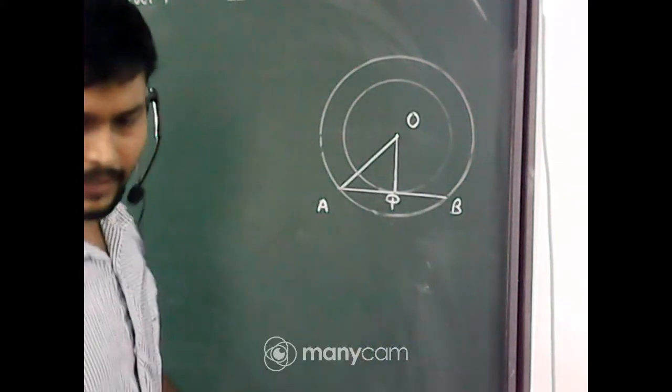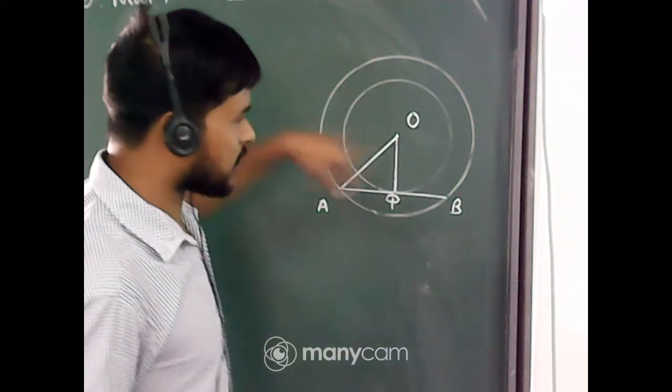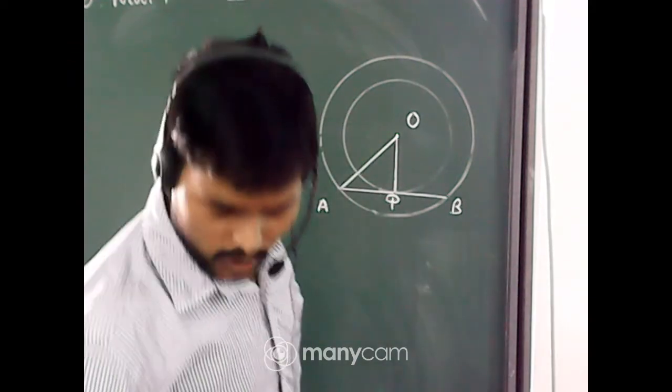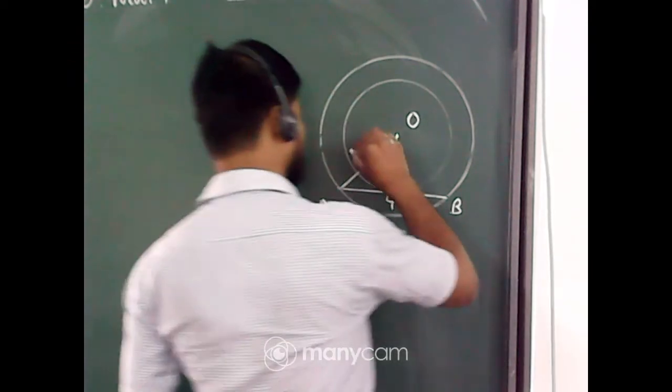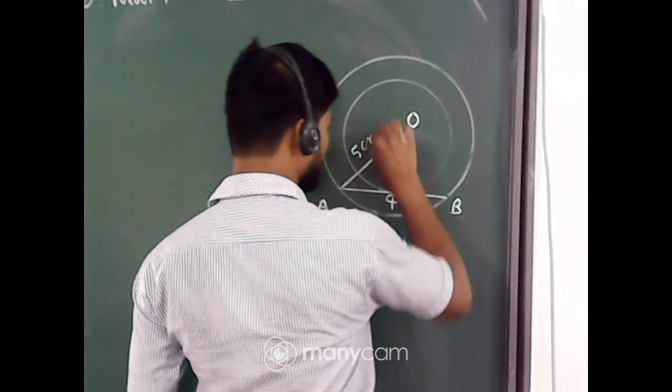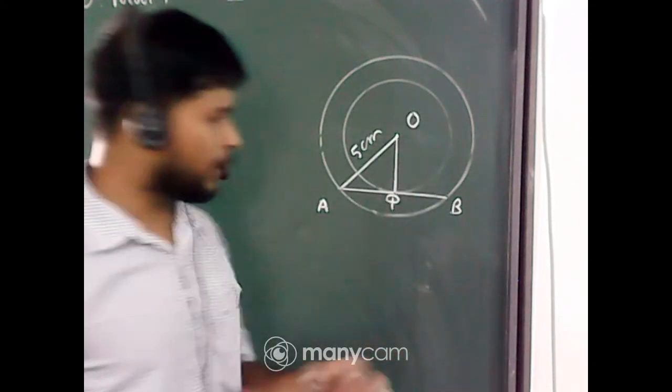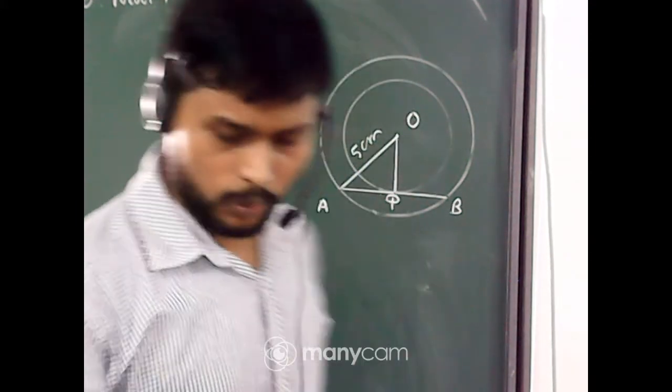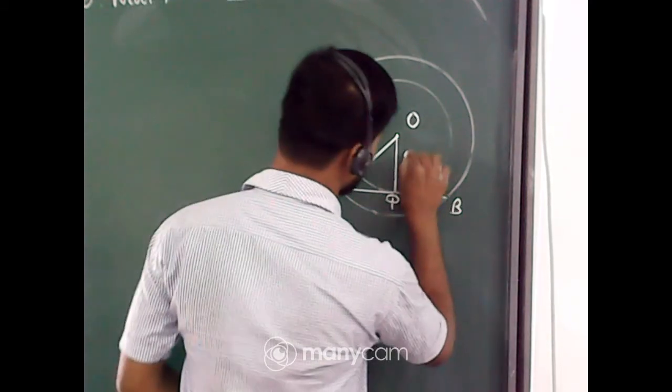OA is the radius of the larger circle, whose radius is given as 5 centimeter. And OP is the radius of the smaller circle, whose length is given as 3 centimeter.